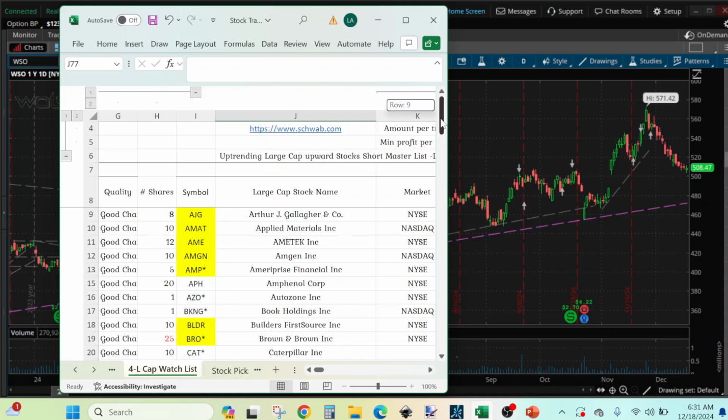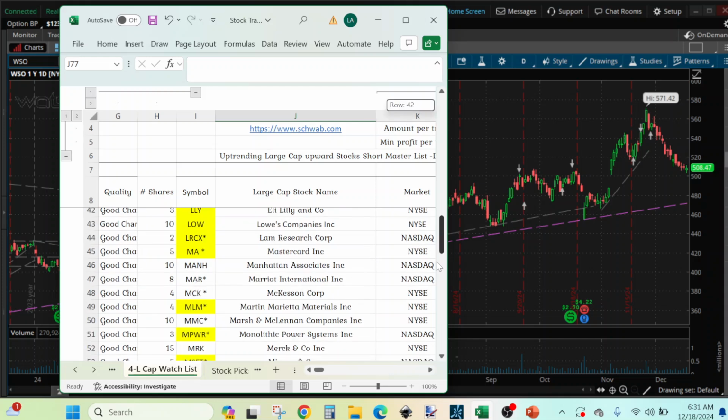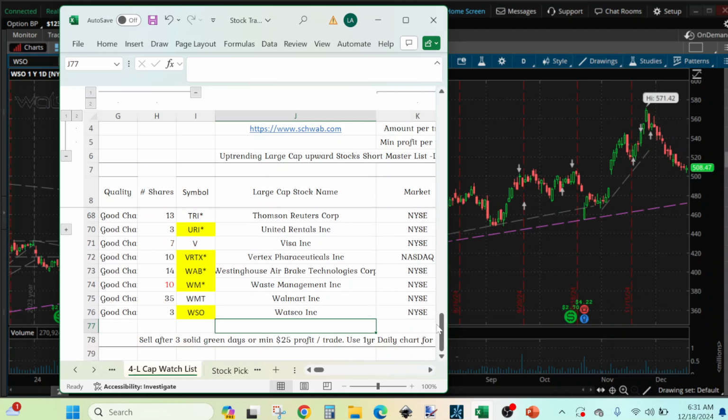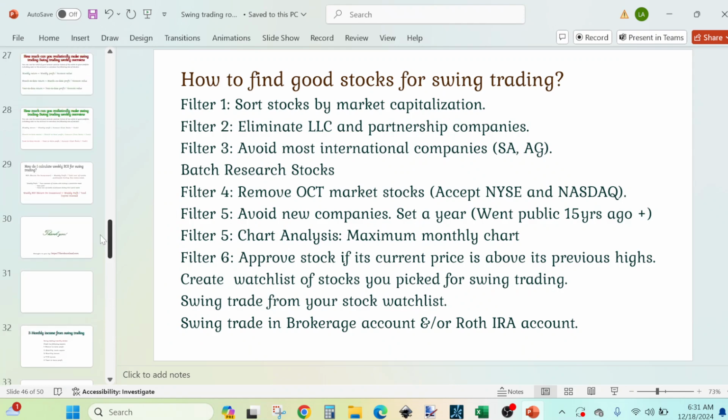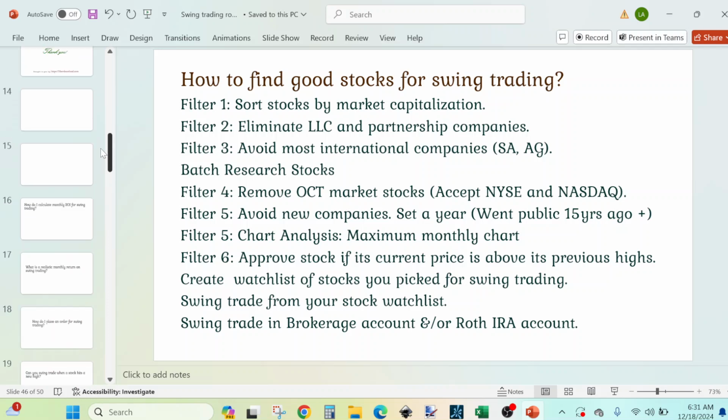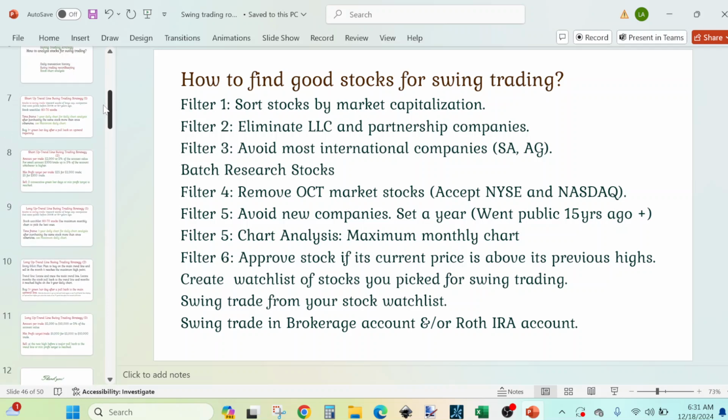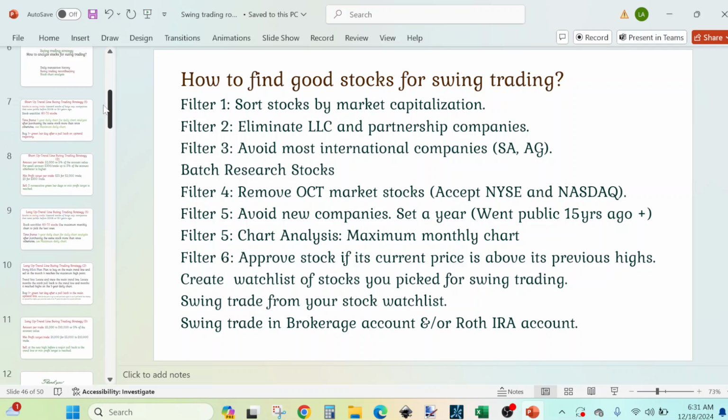Otherwise, we do not have anything to purchase today from our watch list, using our long-term trend line swing trading strategy.